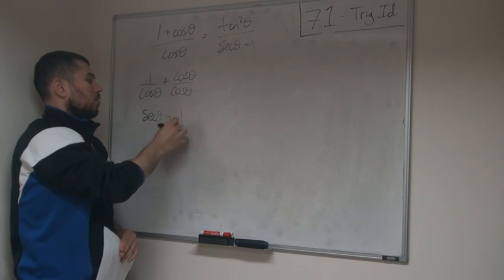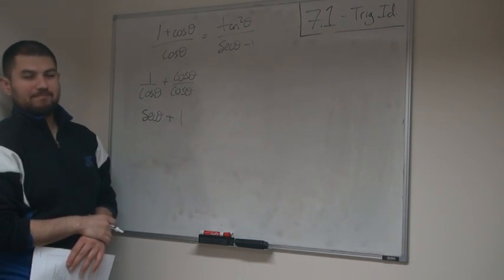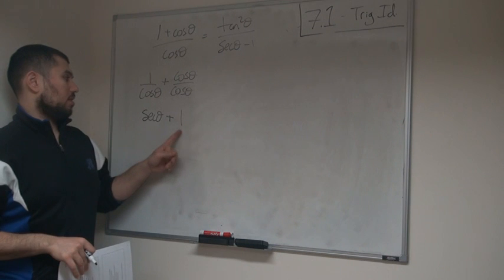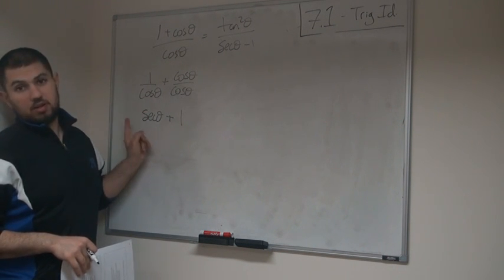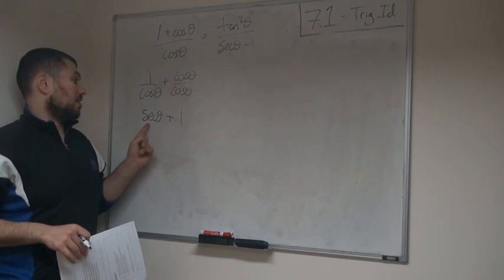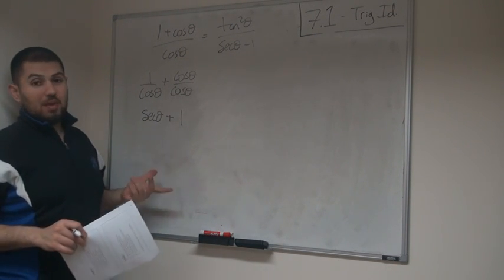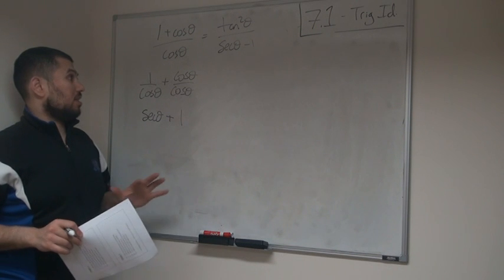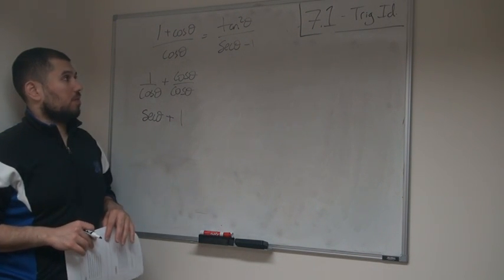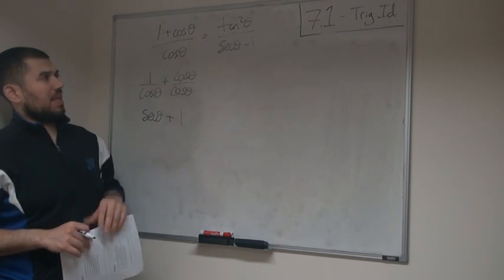Cosine over cosine is 1. Can't really do anything with this. This is not a squared. I don't have any Pythagorean identities that are secant theta plus 1. I have to leave that where it is. That seems pretty simple to me. It seems like it's been simplified to the core. What about the next one?